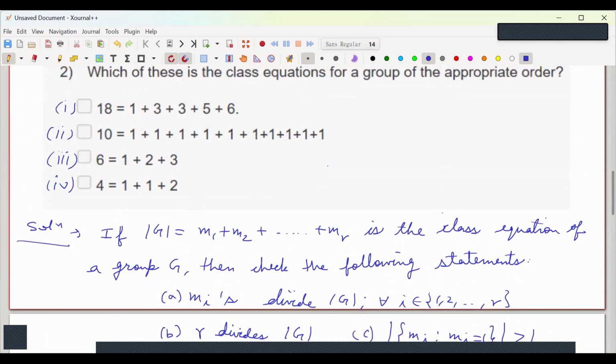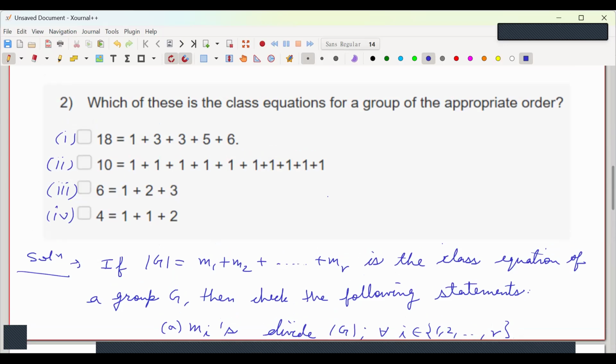Now, can we come back to our starting question? So, the first one is false, since 5 does not divide 18, therefore it cannot be a class equation.